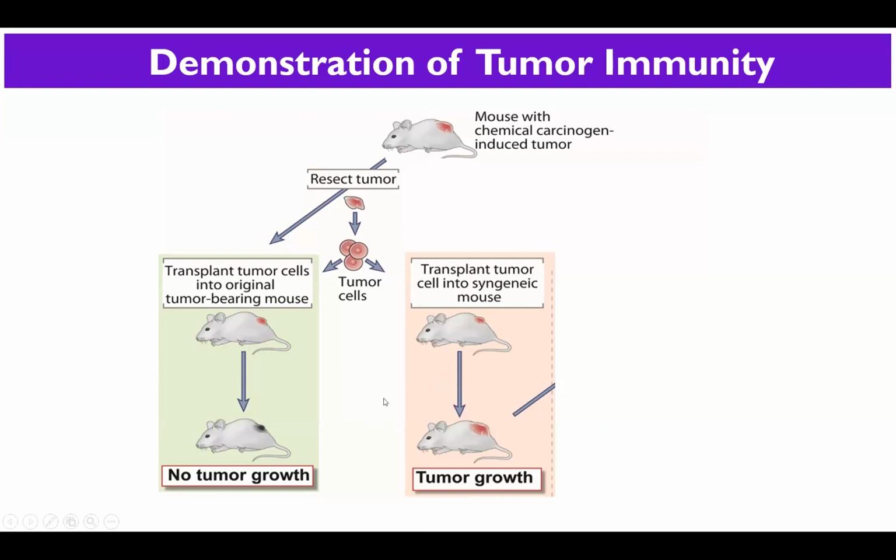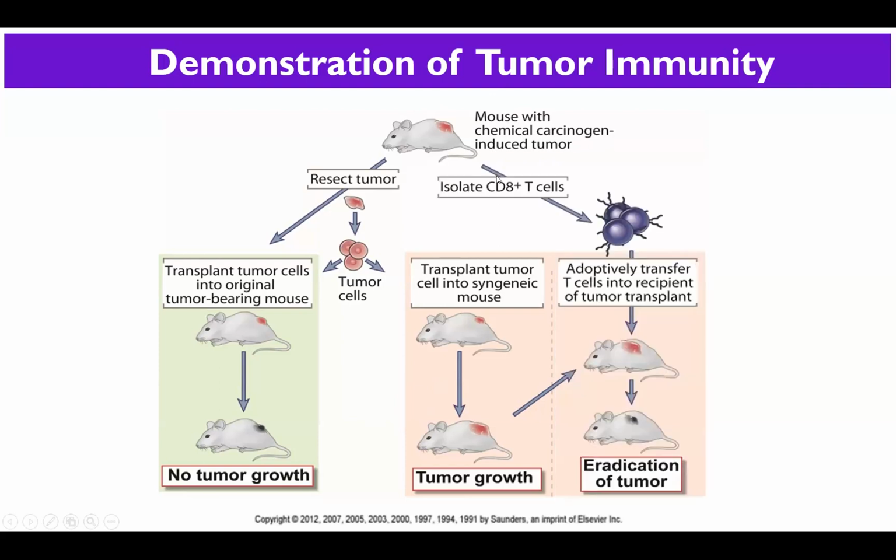If you don't do anything else, yes, it might end up killing that mouse. So the question was, what was happening when you expose this mouse to a carcinogen and then remove that tumor?